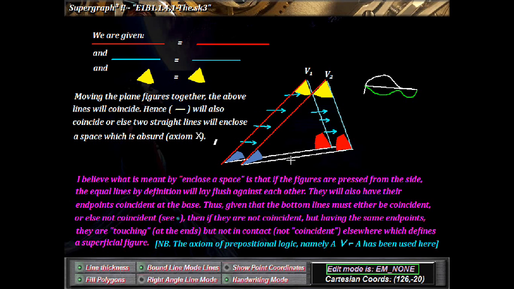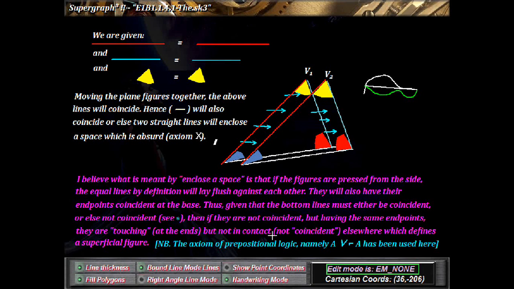Now that theorem is proved, though. We didn't have to appeal to the well, duh. We used the axiom of propositional logic, that something is either true or it's not true, and we assumed that it was not true. We were trying to show that they're coincident.